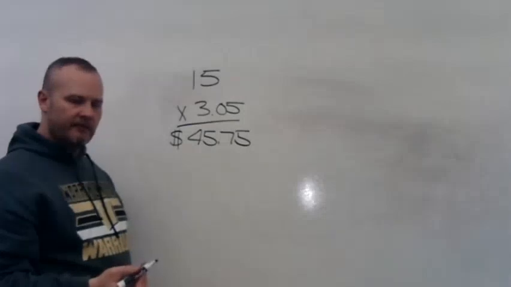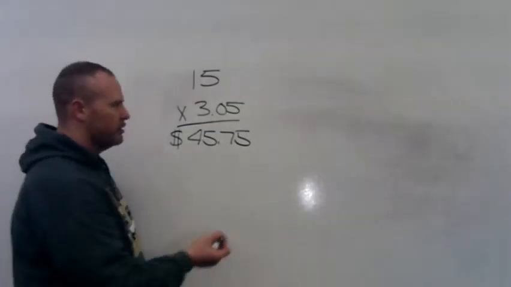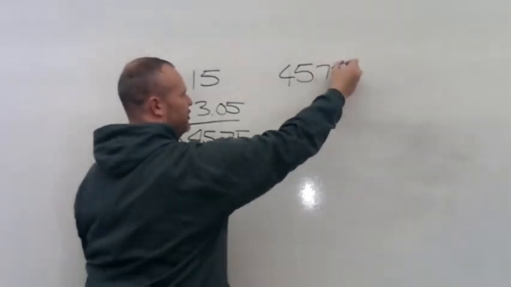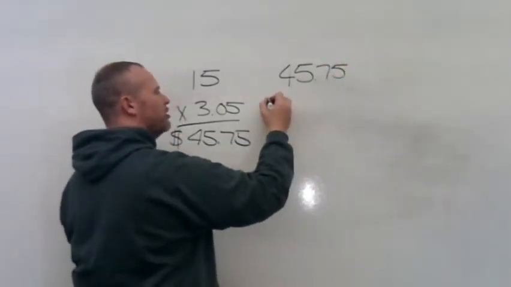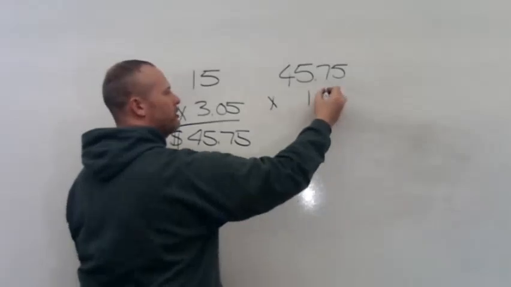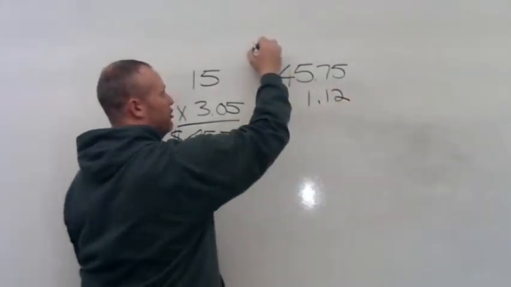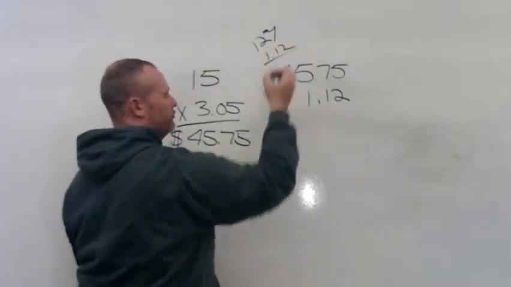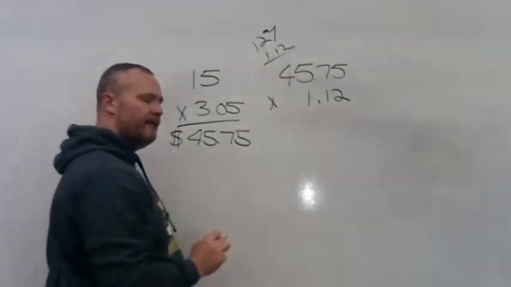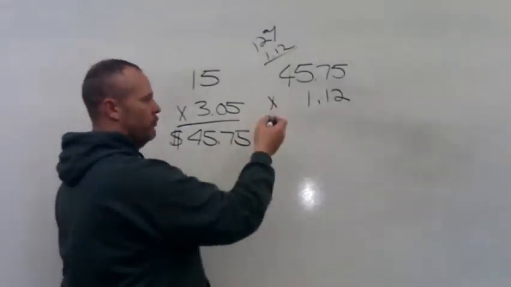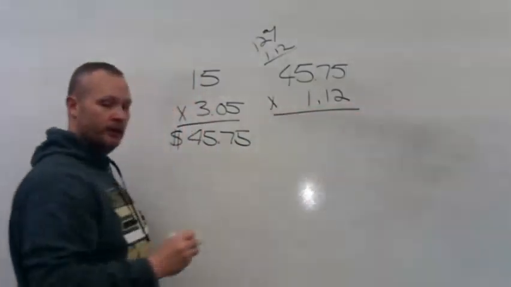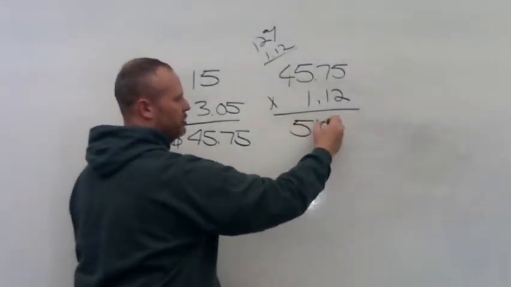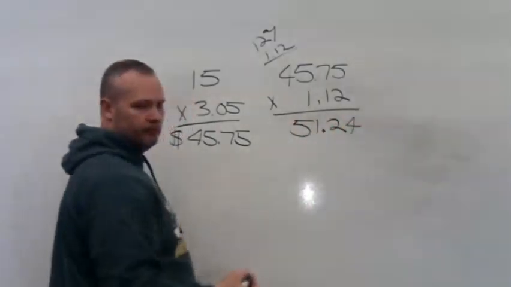However, since there is a price increase of 12%, we take our 45.75 and we will multiply that by 1.12. Remember I had 12%, we will multiply that by 1.12. So 45.75 times 1.12, excuse me, is 51.24.